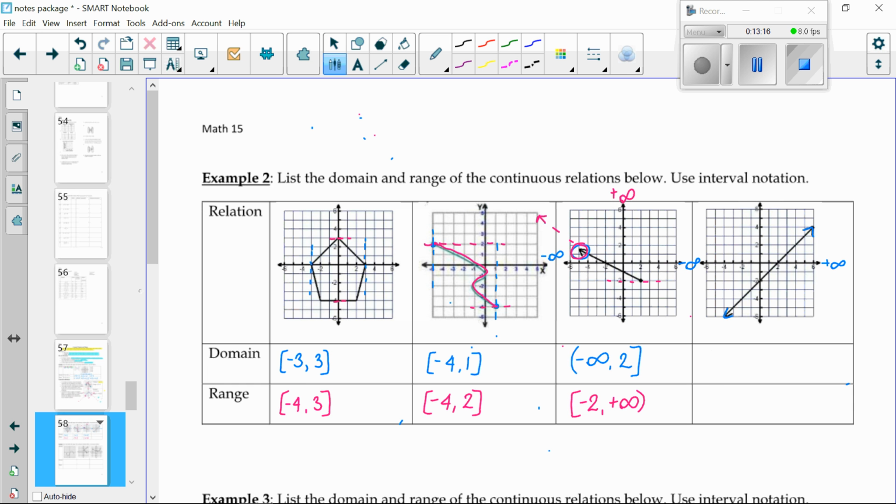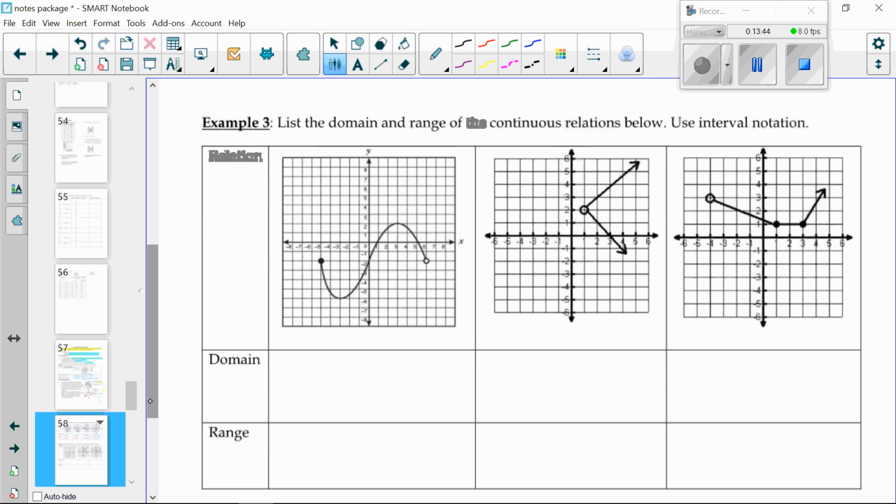Okay, so all of our possible values are going to be -infinity and +infinity. And then on the y side, it's going from -infinity up to +infinity. So -infinity, +infinity. Okay.